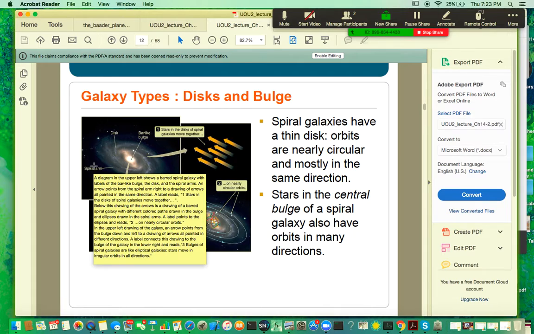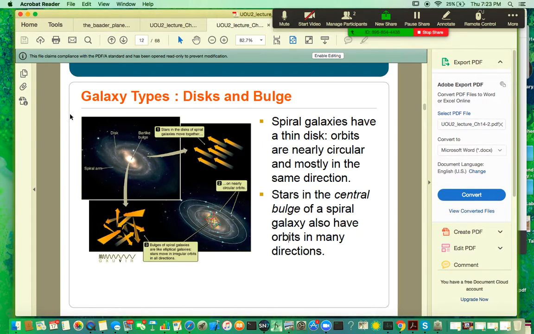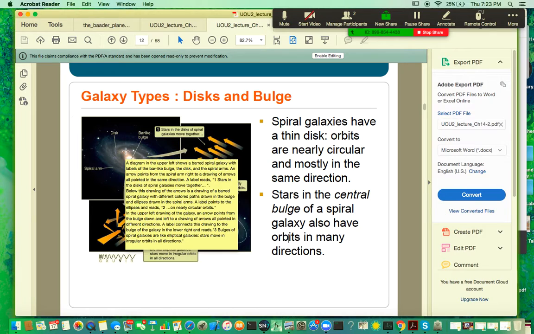So these galaxies are classified as SB, B for bar: SBA, SBB, and SBC. These are spiral barred galaxies, and again they are classified by the relative size of the bulge when you compare with the size of the disk itself.